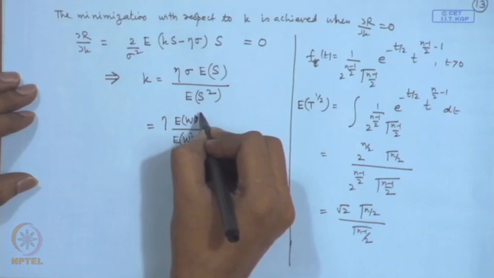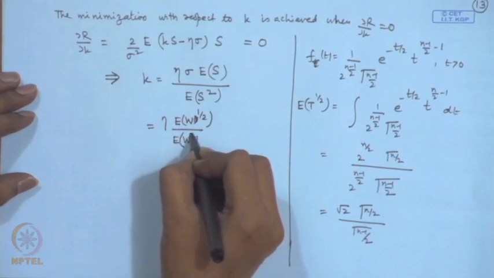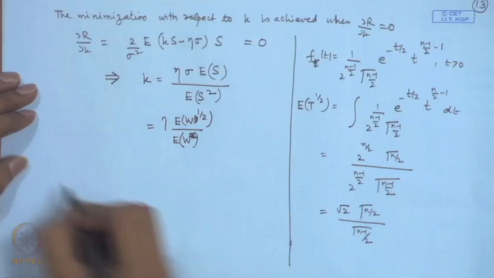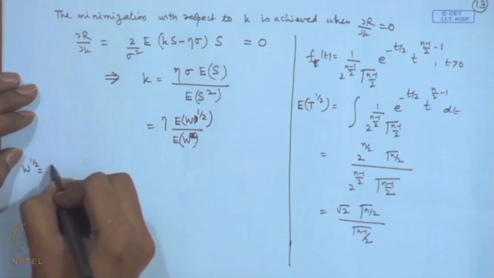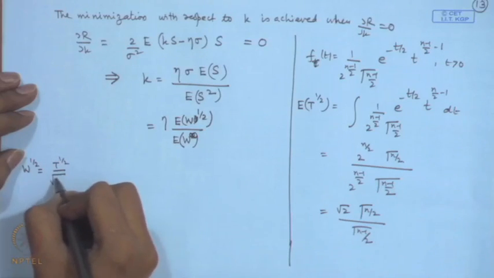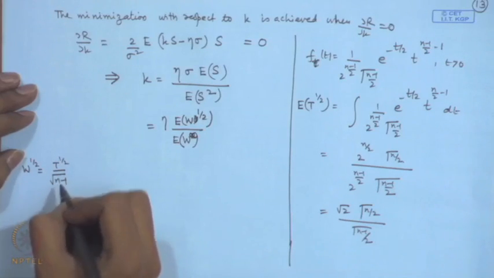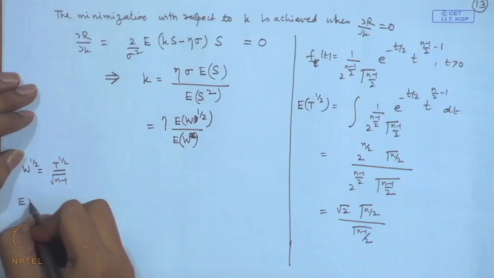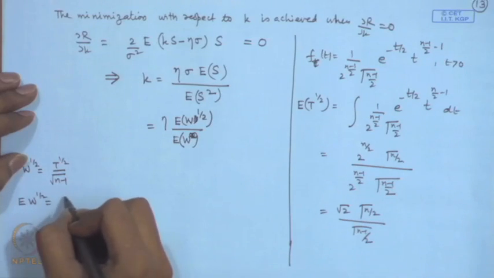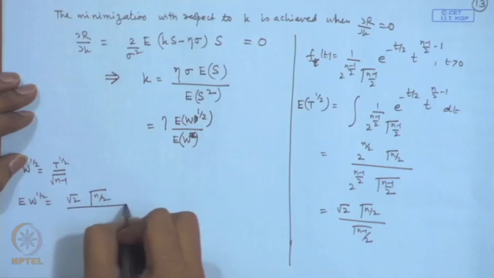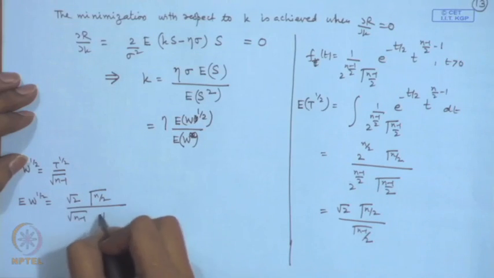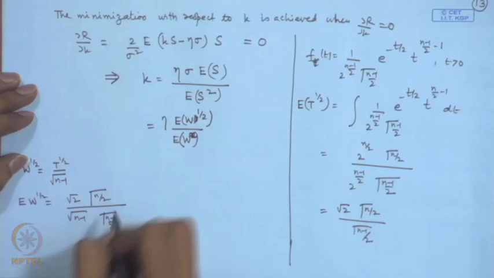So, this is w to the power half and expectation of w. Now, what is w to the power half? That is equal to t to the power half by square root n minus 1. So, expectation of w to the power half is equal to root 2 gamma n by 2 by root n minus 1 gamma (n minus 1) by 2.